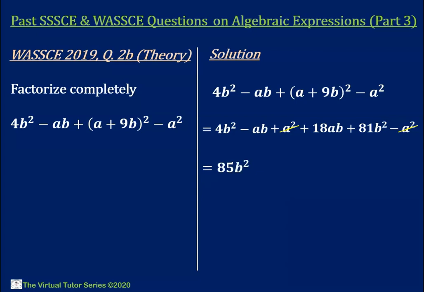And negative ab plus 18ab is 17ab. The common factor of 85b squared and 17ab is 17b. So we can factor 17b out to have 17b times (5b plus a).